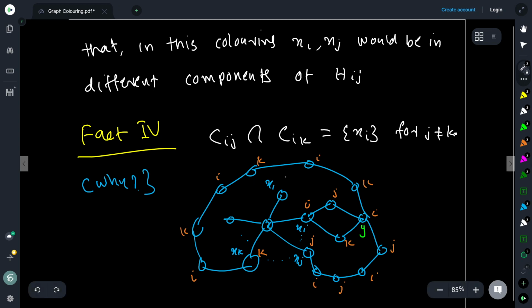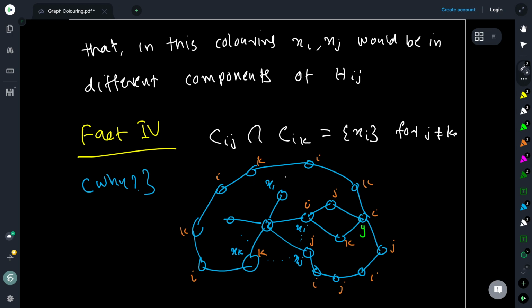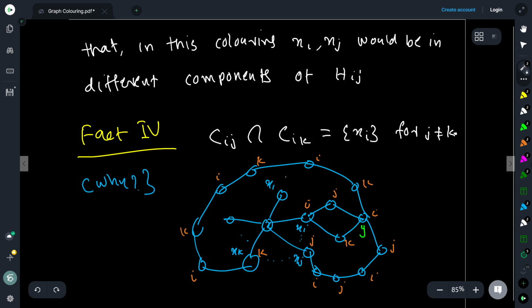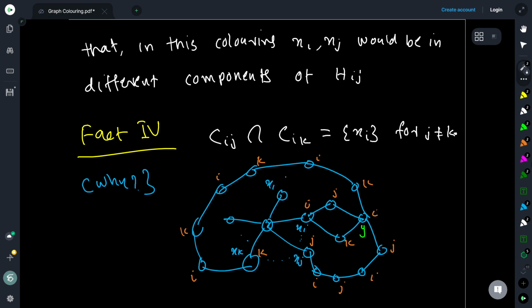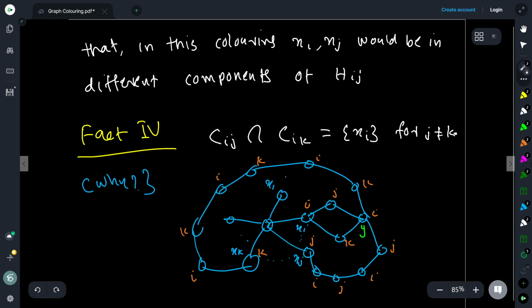So let us pick this vertex which is the intersection point, which is y, and this y vertex now has two neighbors which are colored k and two neighbors which are colored j. So four of the vertices are colored with just two colors, which says that I can find a color from the delta colors other than i, j, and k in the neighborhood, and I can recolor this vertex with that particular color.